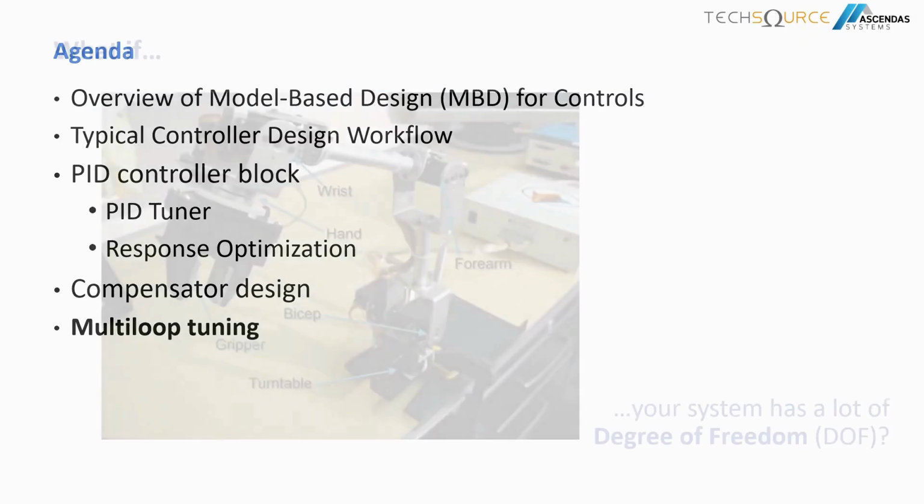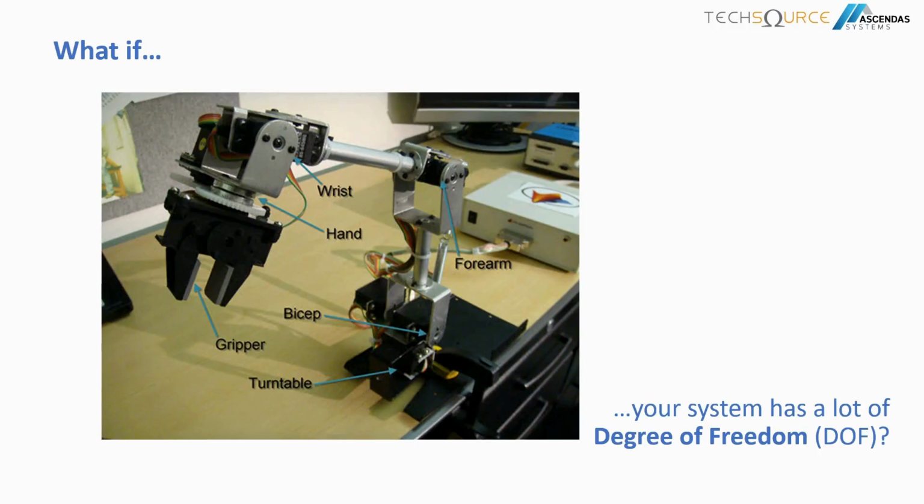So let's say you have a scenario where you need to create a complex system, which is, let's say, a robotic arm. From here, you need to tune each of these degrees of freedom. Let's say you want to tune the wrist part, and then you tune the forearm.